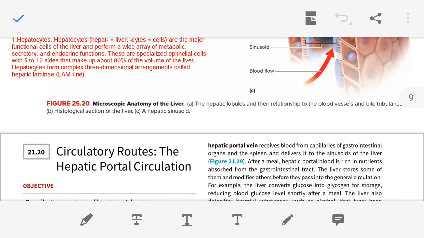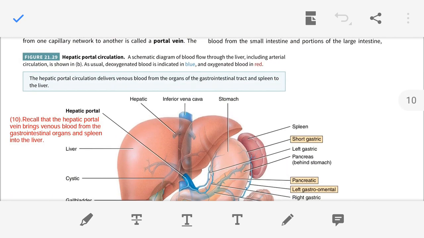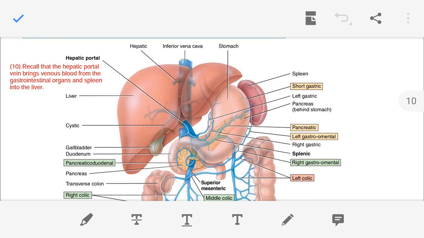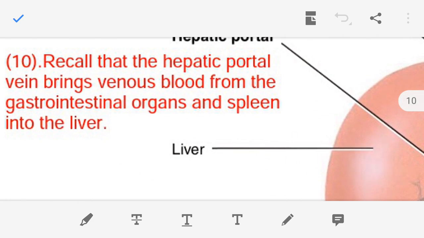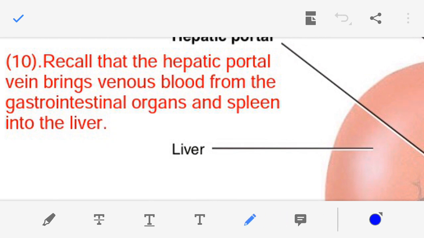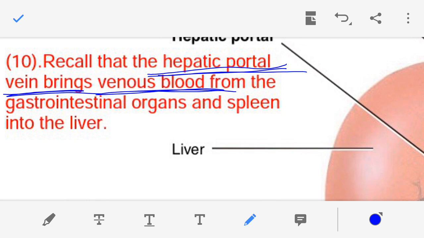Now the 10th point is regarding the hepatic portal vein. The hepatic portal vein brings venous blood from the gastrointestinal organs and spleen into the liver.